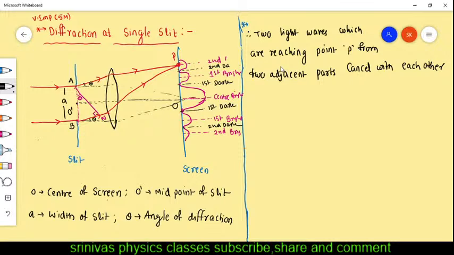Why? Two adjacent parts cancel with each other because we got the phase difference as pi. That's why they cancel.